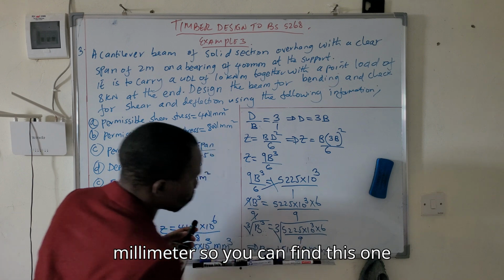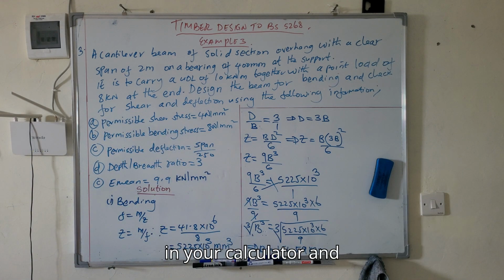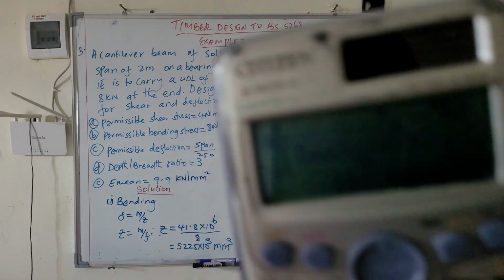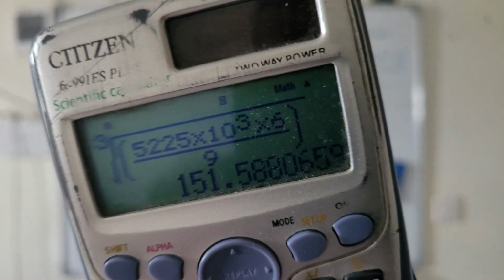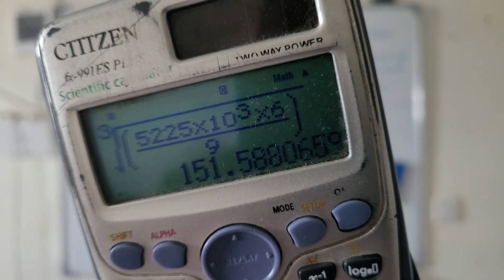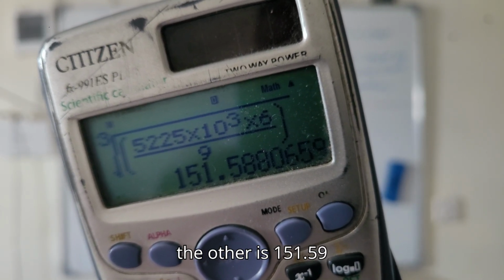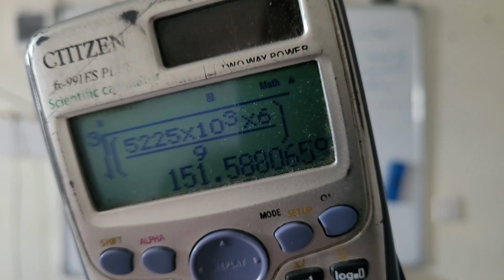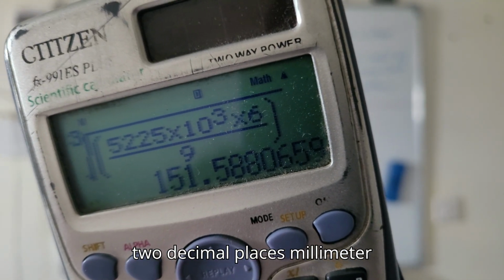So you can punch this one in your calculator and you will get the answer. So that is how you do it on a calculator. The answer is 151.59 to 2 decimal places millimeter.